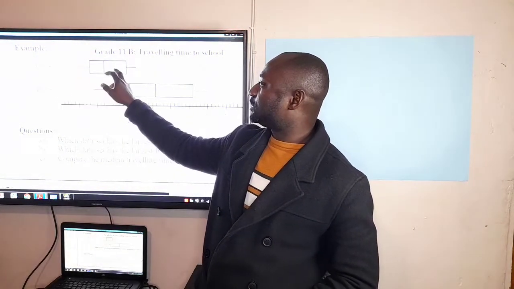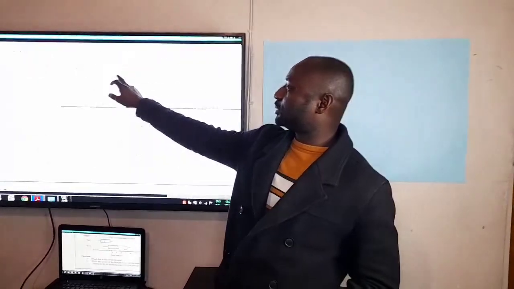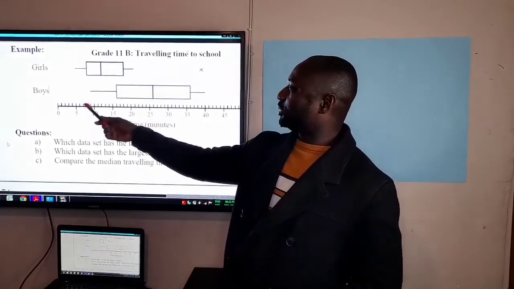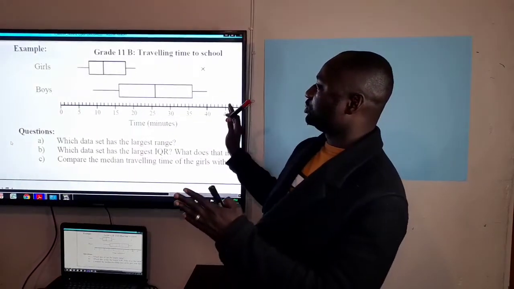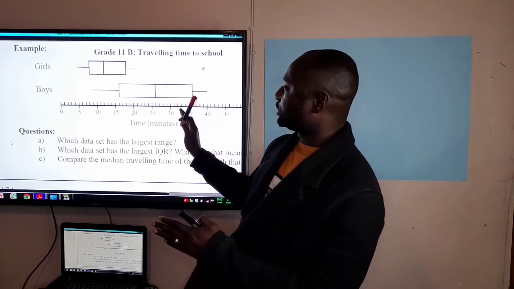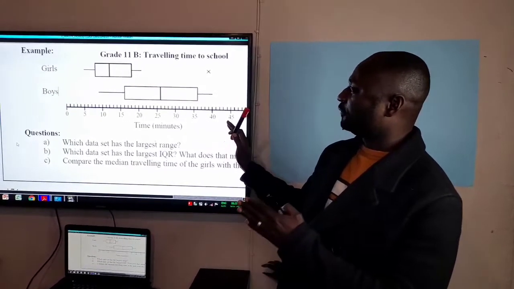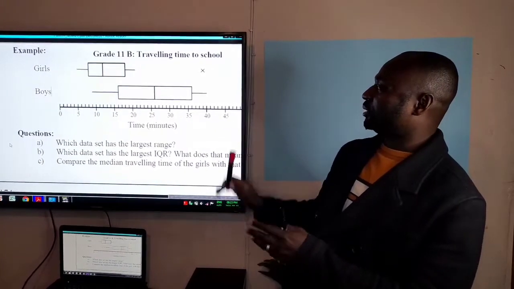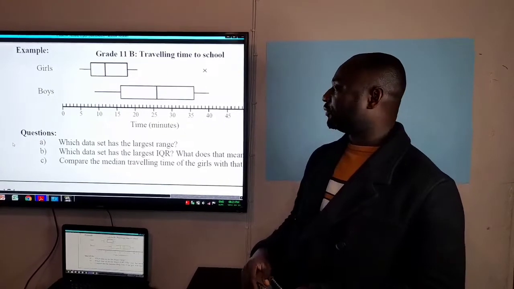So the girls' data is plotted in this form with this box and the whisker diagram, the one up here. And then the boys' data is the one on the number line. But these two box and whiskers are plotted on the same number line. So we're going to read our information from there. And then from there we'll be able to answer the questions that follows.